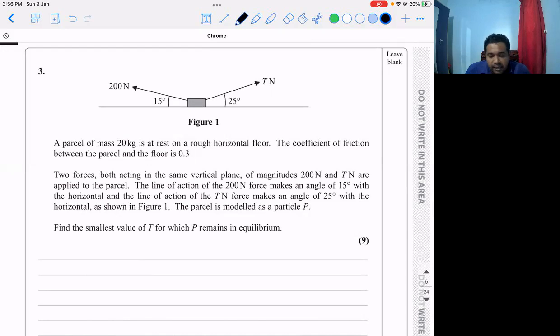The parcel is modeled as a particle P. Find the smallest value of T for which P remains in equilibrium. So here, drawing a free body diagram will really help us.